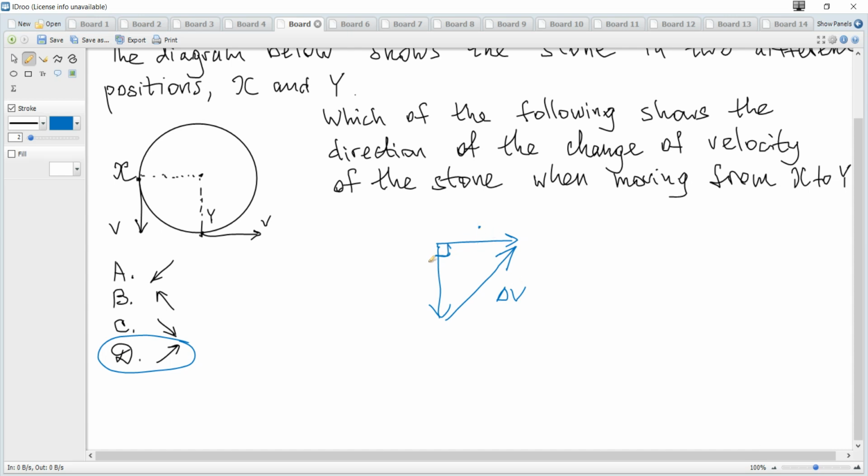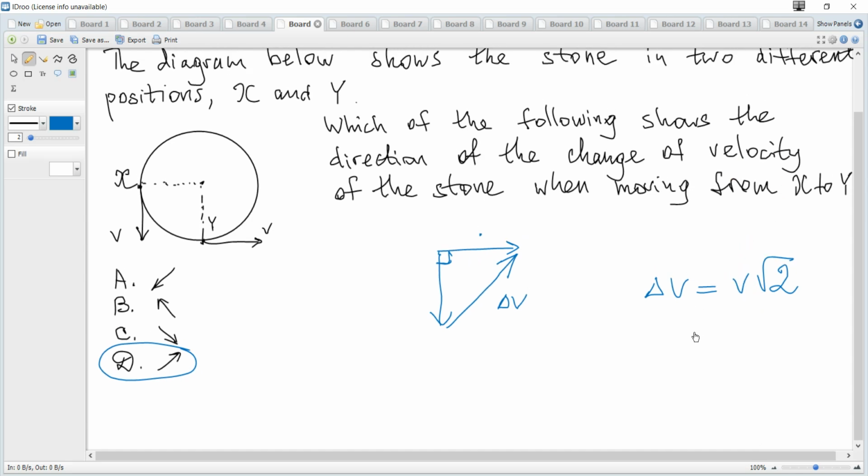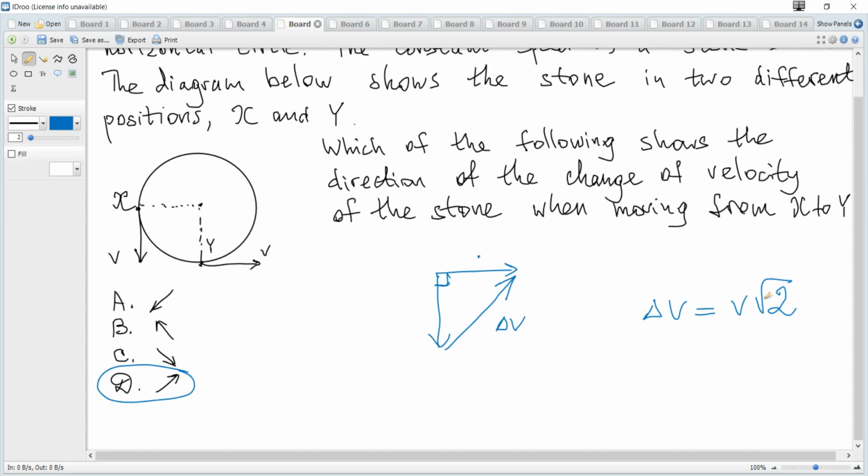We can see that there is a right angle triangle, and it's just a hypotenuse, and the hypotenuse is a side multiplied by √2. So the magnitude of the vector, which is the change in velocity, will be the speed, the magnitude of the velocity vector, multiplied by √2, just the Pythagoras theorem. And that's all for this question.